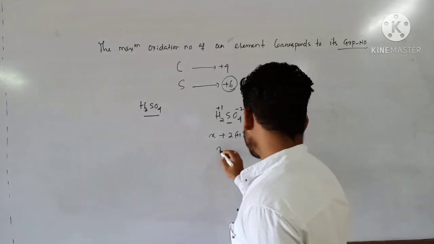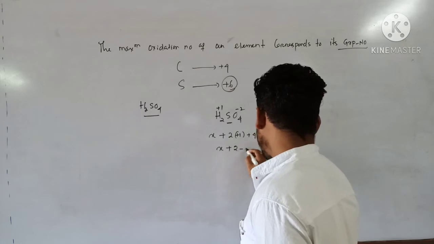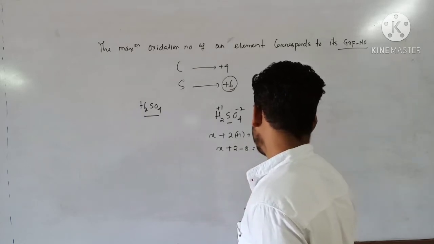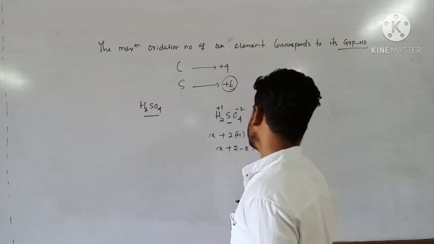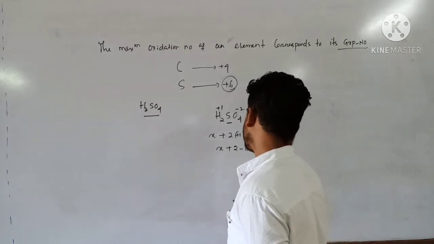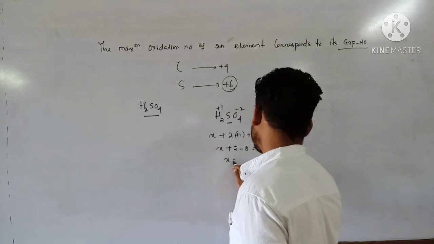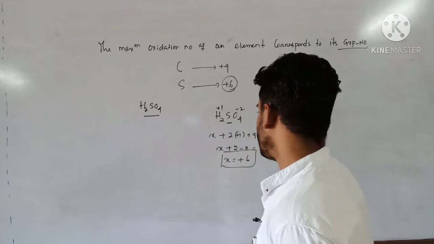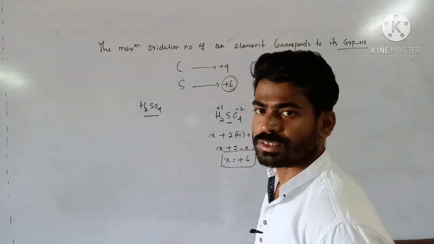Clear? So X plus 2 minus 8 equals 0. Then X becomes +6. This is the oxidation state of sulfur, +6.